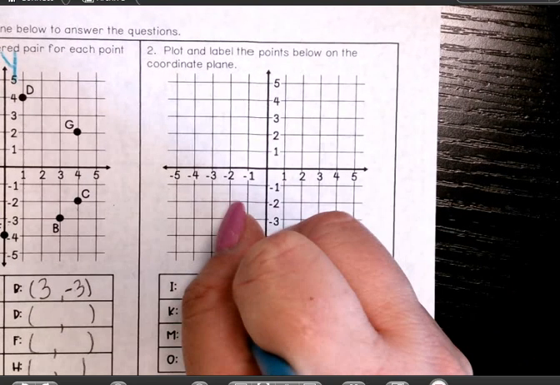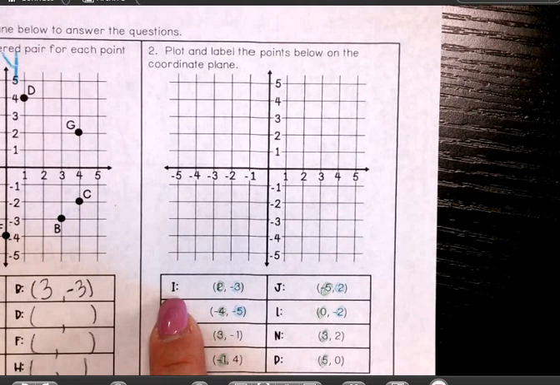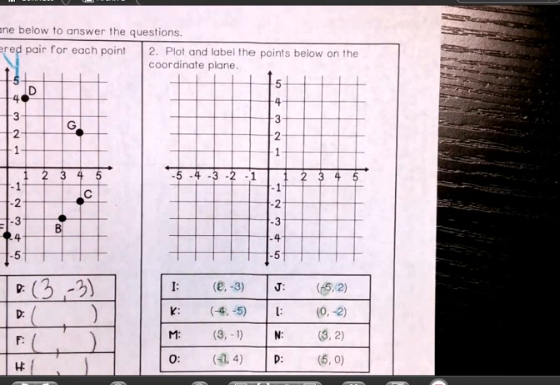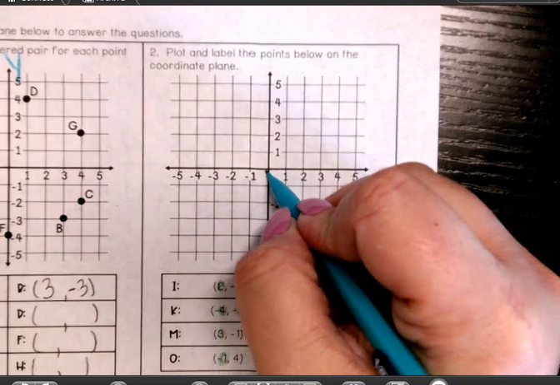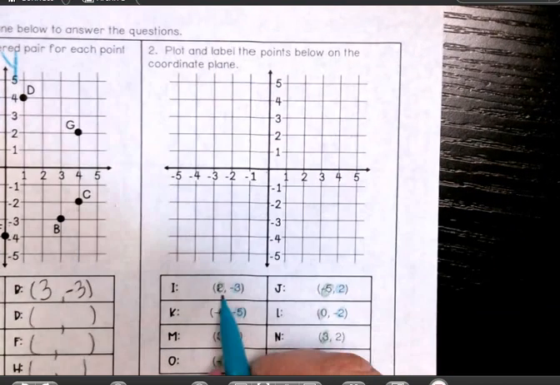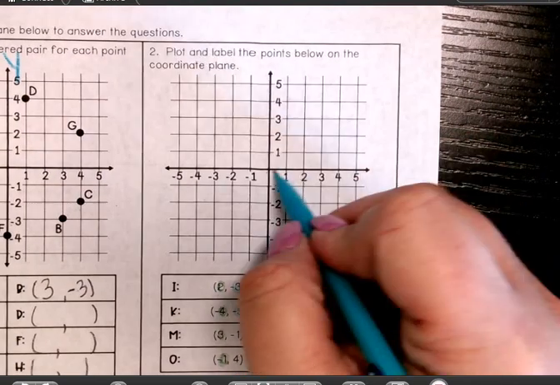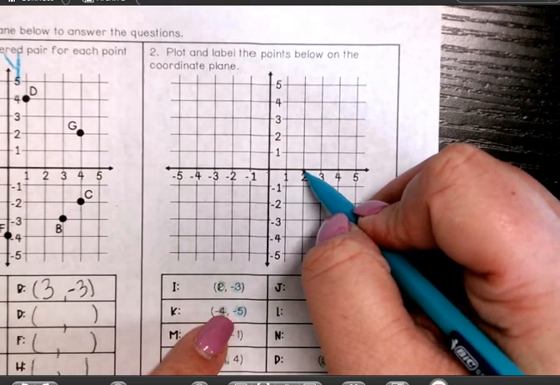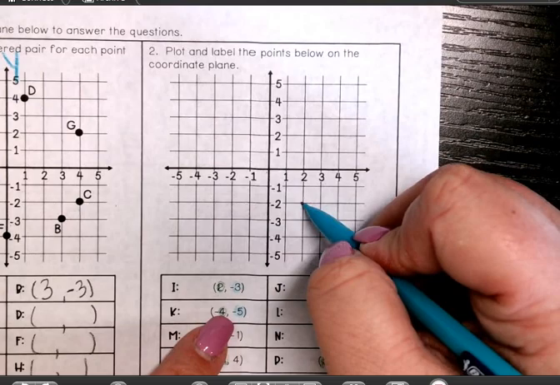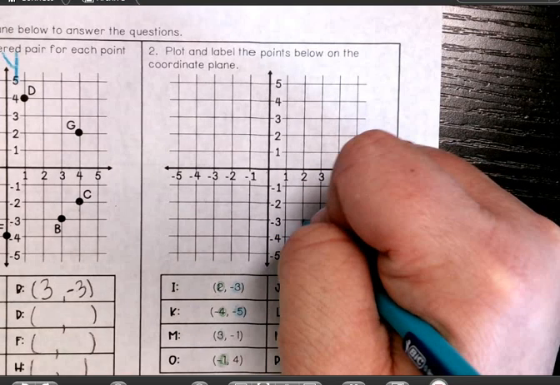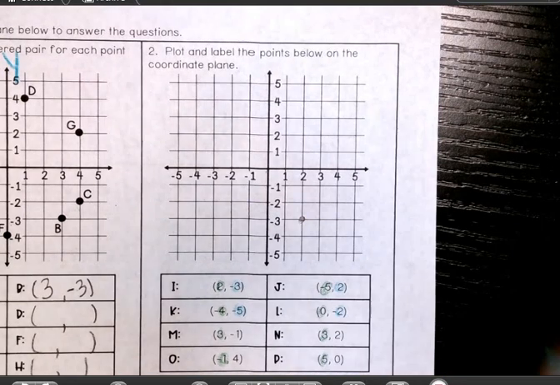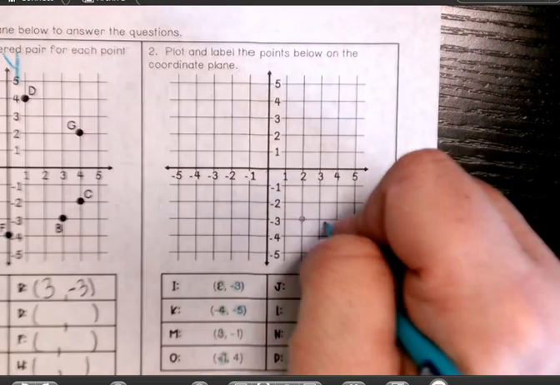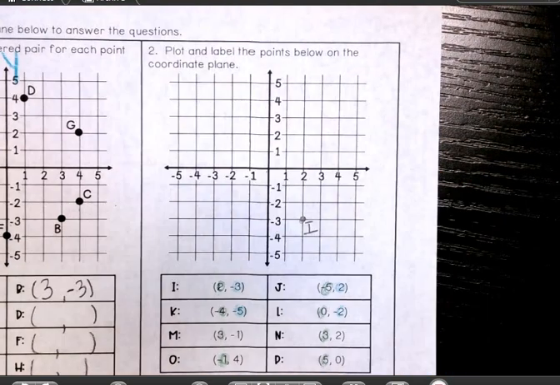Now for I, I start at origin. I'm going to move to the right because it's a positive number, 1, 2, and then it is a negative 3, so I'm going to go down. Negative 1, negative 2, negative 3. I'm going to draw a dot where those two lines intersect, and right beside it, I'm going to write the letter I.